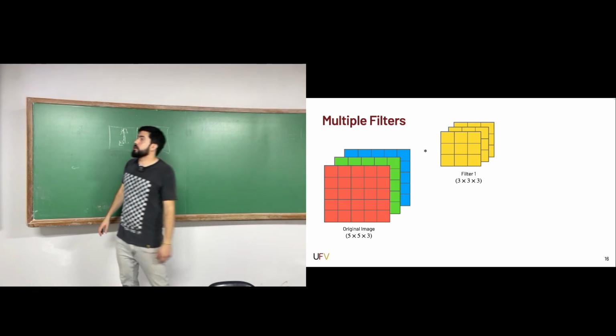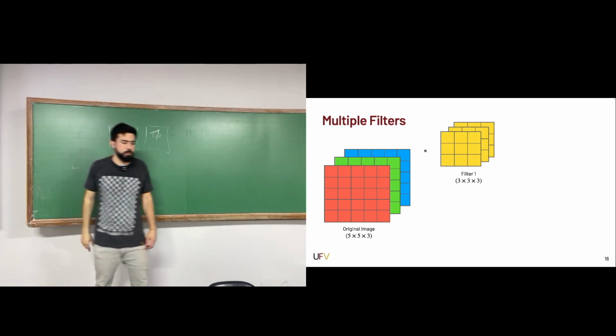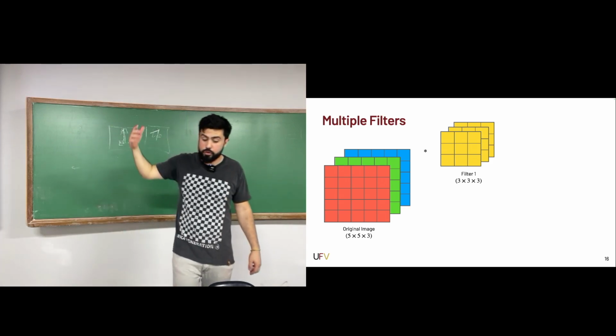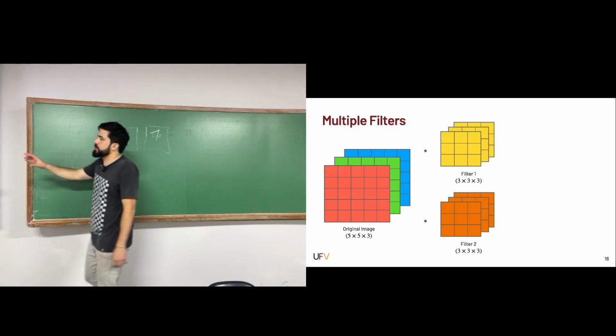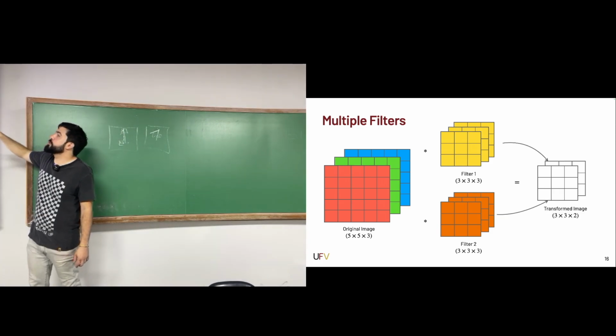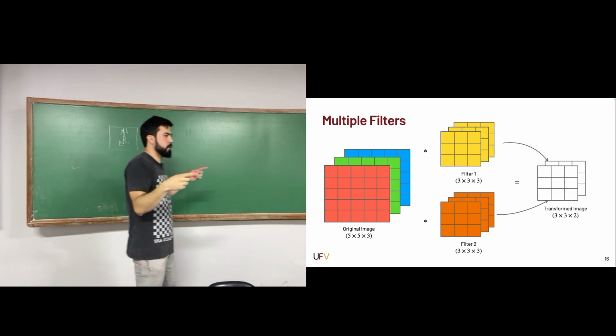So let's consider this filter 1, now yellow. And I'm going to apply that filter to that original image, as we just saw on the previous slide. And I can have a second filter, now orange. So what you could do then is process the image with different filters.